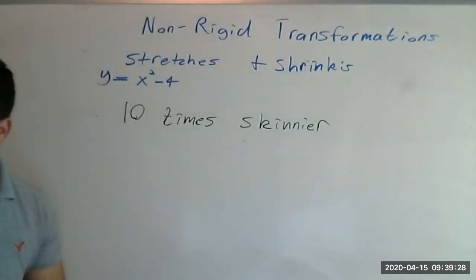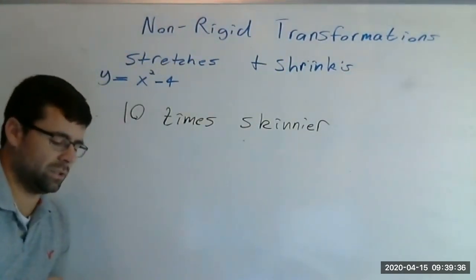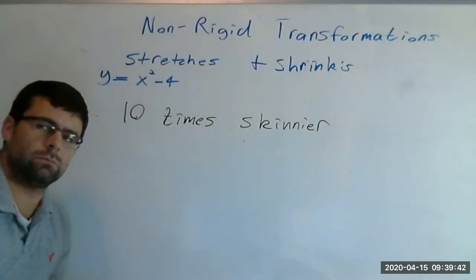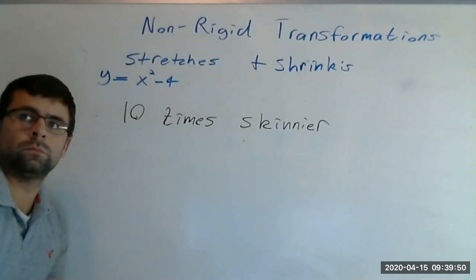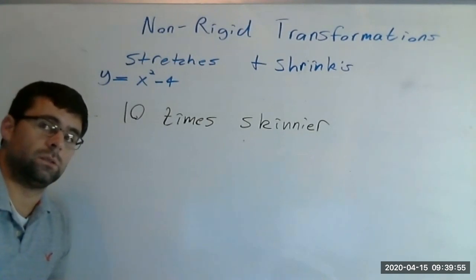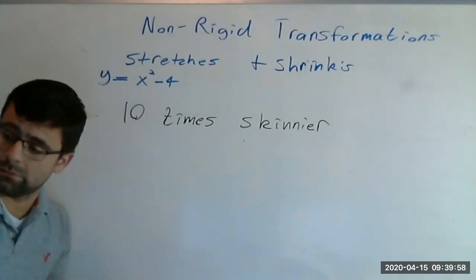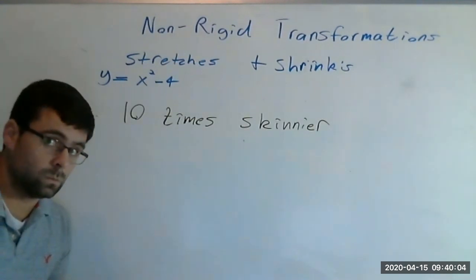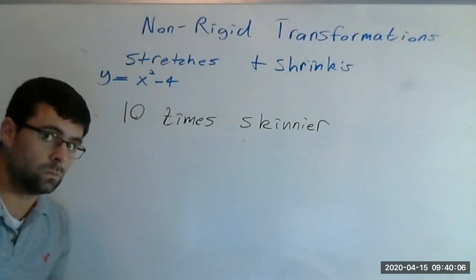So let's look at that word skinnier. If something is skinnier, what direction is it different? Is it different up and down or different left to right? I think it's up and down.